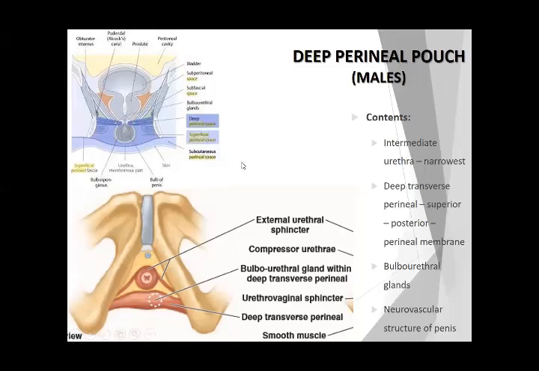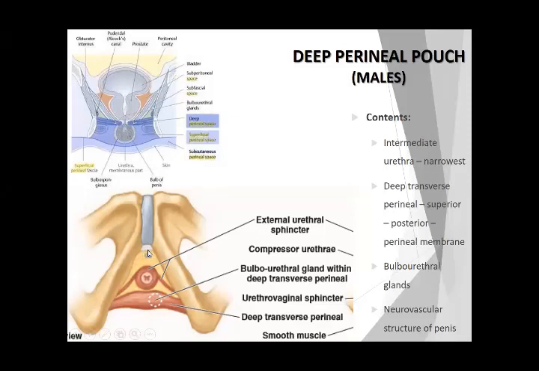Then the contents in the males include, this is the deep transverse perineum. Now, this is the perineal membrane, and we are now viewing the perineal membrane from its superior aspect. Please note one thing, that the perineal membrane, now you can see it clearly over here, is attached to the medial borders of the ischiopubic rami, and it does not go as far as the pubic symphysis.